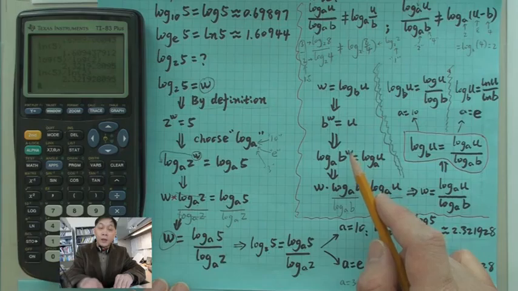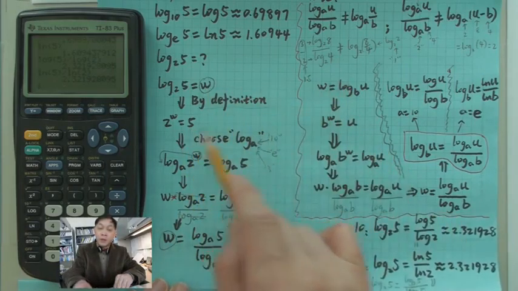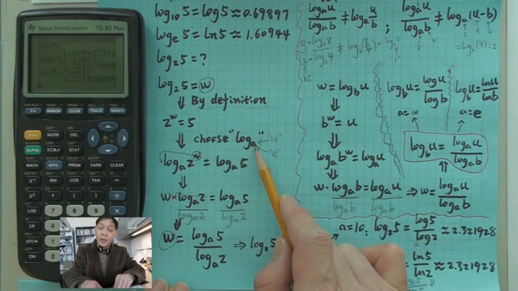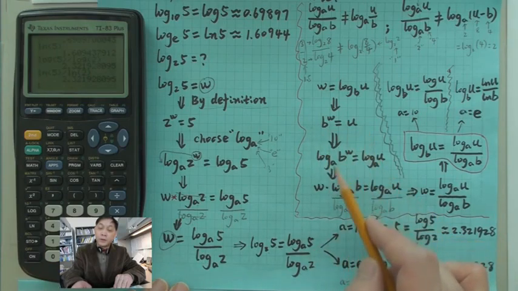Now here they are parallel. Look, they are parallel. And then you may choose log A on both sides.